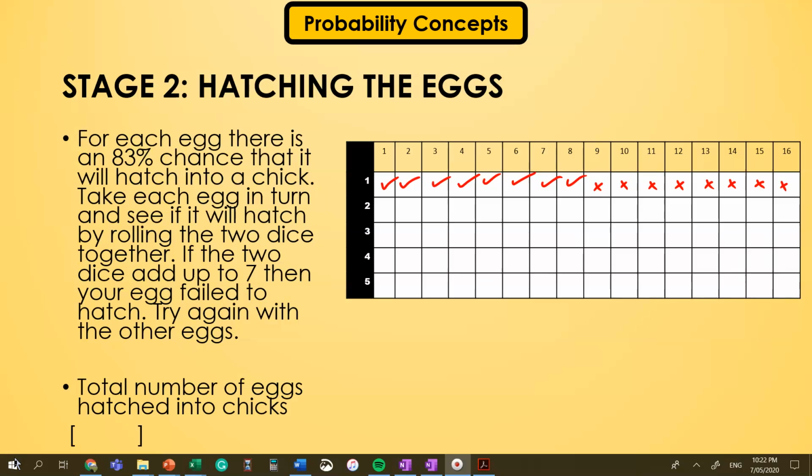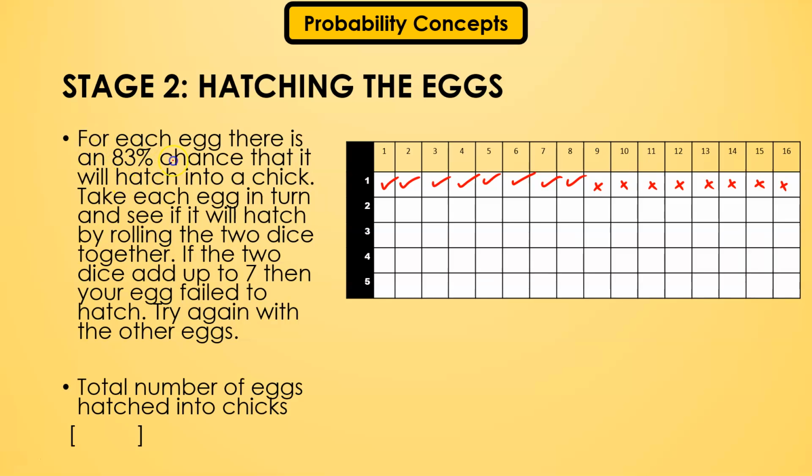So stage 2 is then of those 8 eggs we've got, how many of them will hatch? And we know from previous experience that 83% of the eggs will survive and produce a chick. So what we're going to do in our simulation is we're going to go to each egg, and in turn we're going to see whether it will hatch or not.